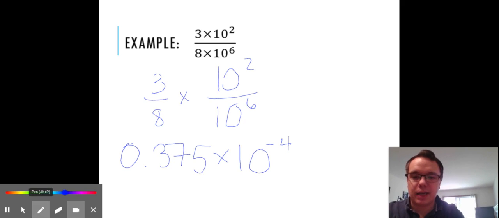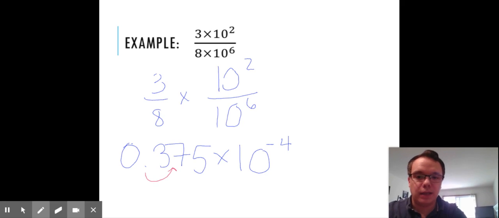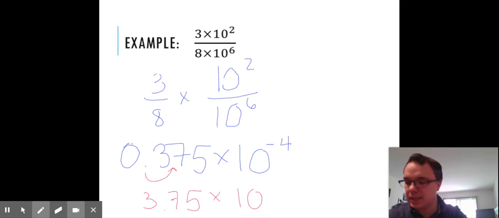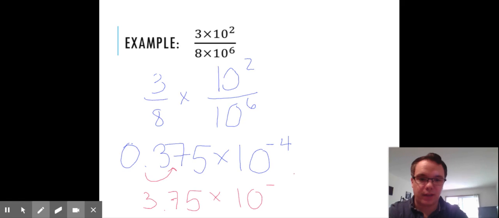Now in this case, I do have to move my decimal point once to the right. If I move it once to get it to be 3.75, I have to subtract 1 from our exponent. So if we subtract 1 from our exponent, we get times 10 to the negative fifth.